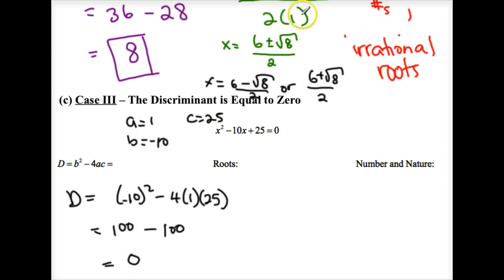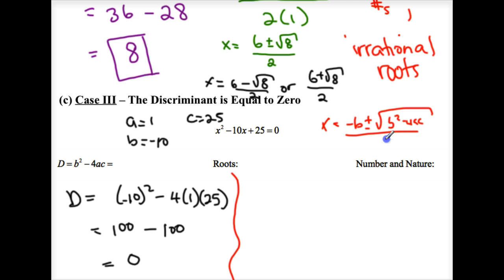Now what about my roots? So let's make a pathway here. Again, my quadratic formula, you have to know this. X is equal to minus b plus or minus square root of b squared minus 4ac all over 2a. This is going to be on the region, so you don't have to memorize it.